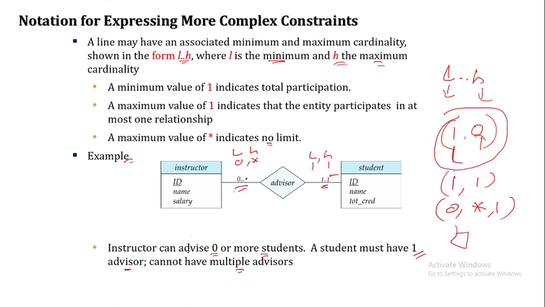So an instructor can advise either 0 students or more students. But there is a constraint over here. If it is 1 and 1, a student must have at least one advisor, the minimum value of one advisor, and cannot have multiple advisors. This is exactly what is represented with this. Okay, next.